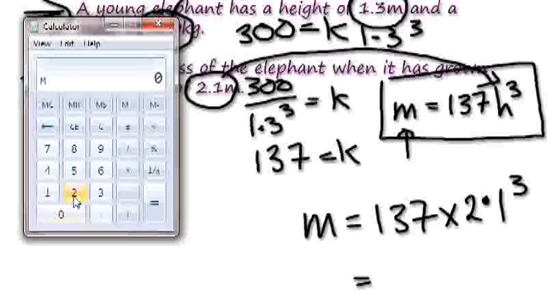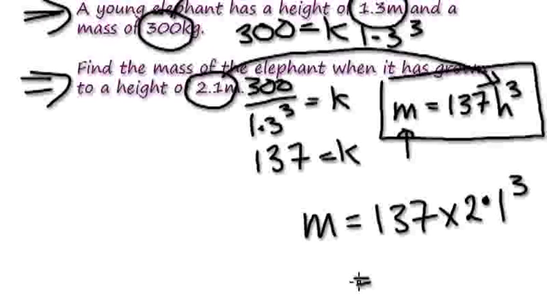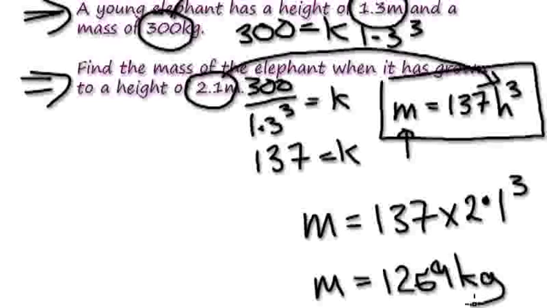I can't find that button, so I'm going to do 2.1 times 2.1 times 2.1 equals this, and then just times by that constant, so times 137 equals this. So the mass of the elephant will be, I'm going to round off, 1219 kilograms. Okay, so this here will be your answer.